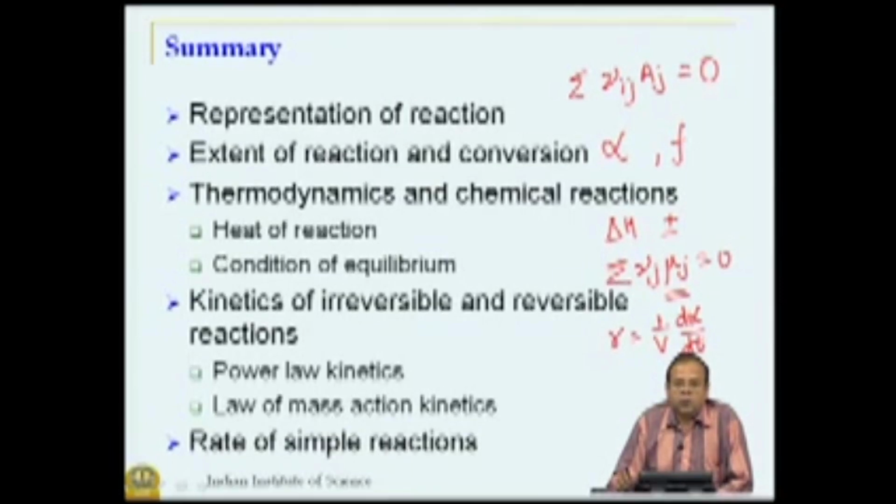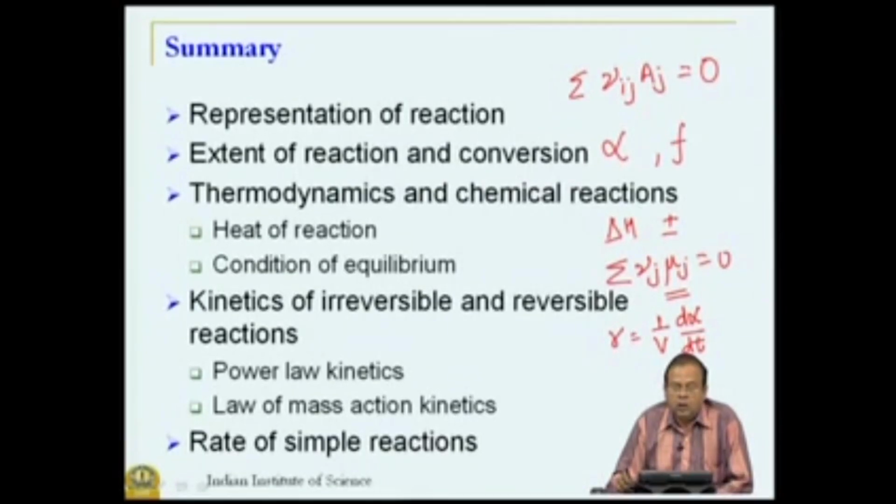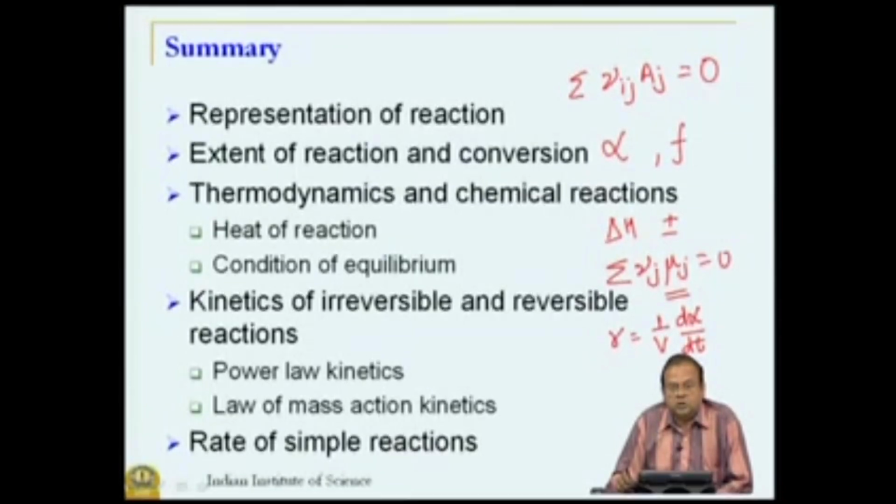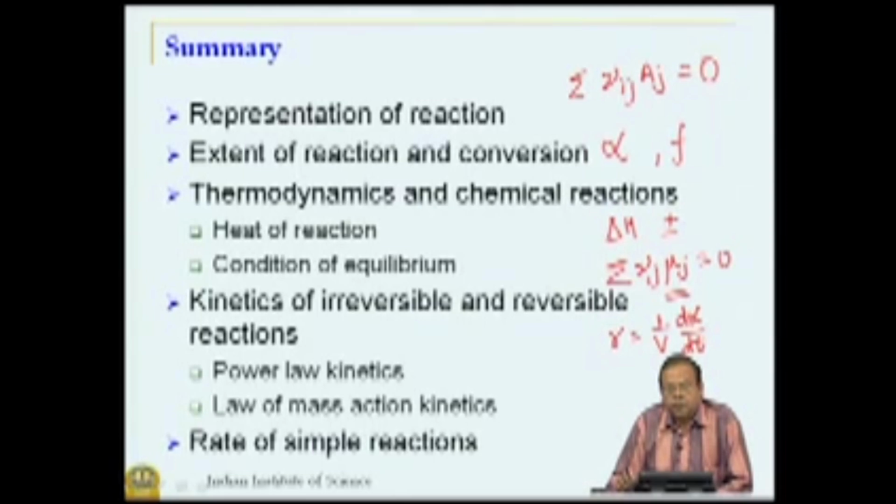A property of the extent of reaction is that it has a value 0 at the beginning because the reaction has not progressed at all, to an upper limit of either 1 or whatever is dictated by the equilibrium of the species. So, alpha E is what we find from our condition of equilibrium.